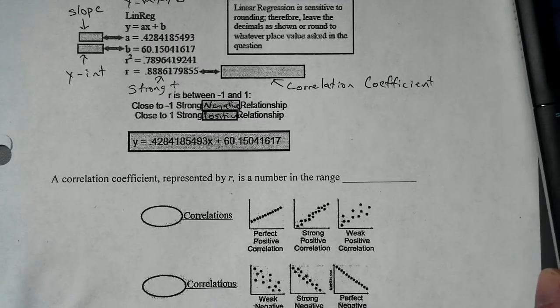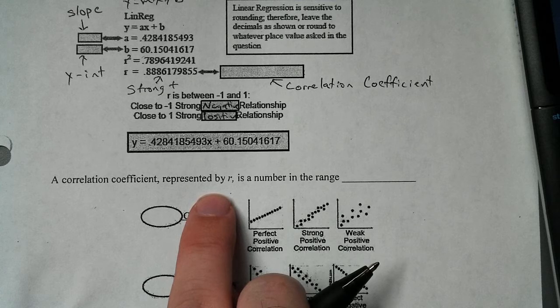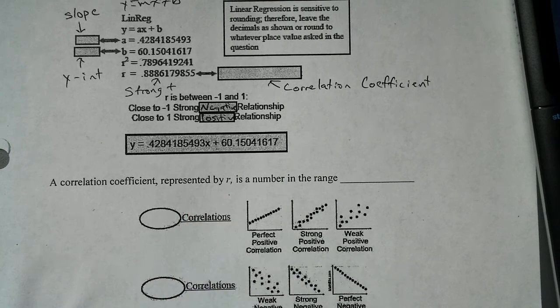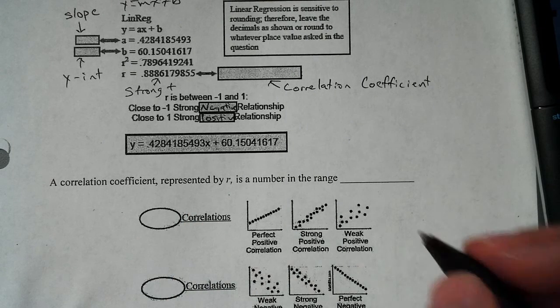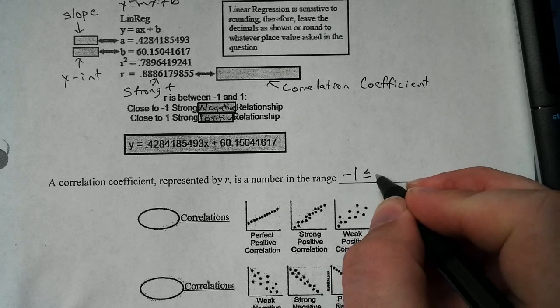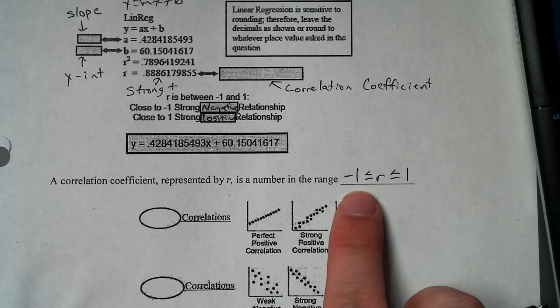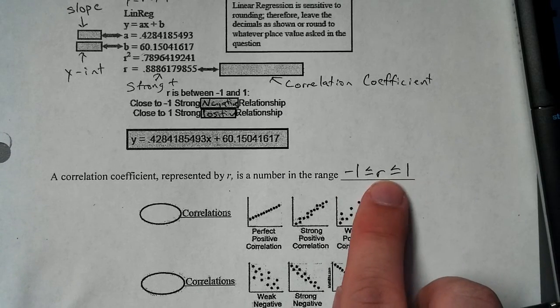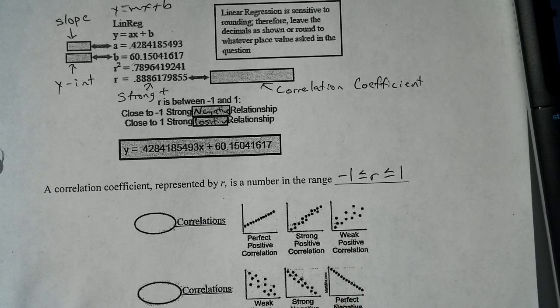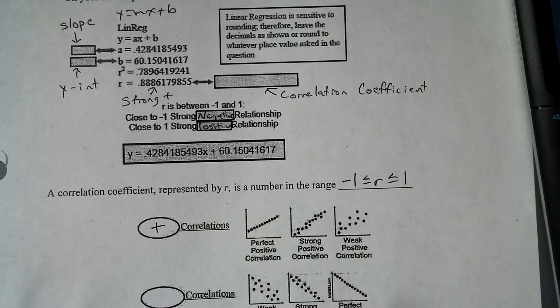Now, a correlation coefficient is represented by the letter R, and it is a number in the range between -1 and +1. So we're going to list it like this, between -1 and +1 with R in the middle. Now, our positive correlations, so I'm going to put a plus sign here.